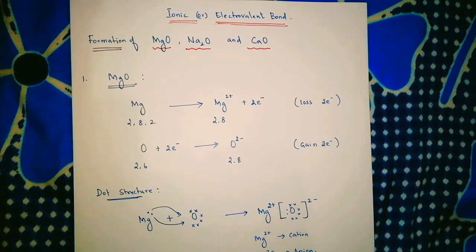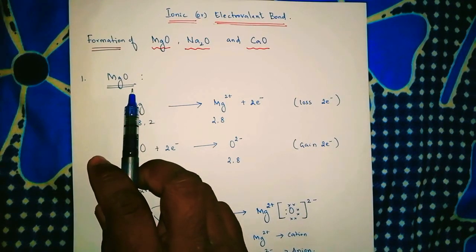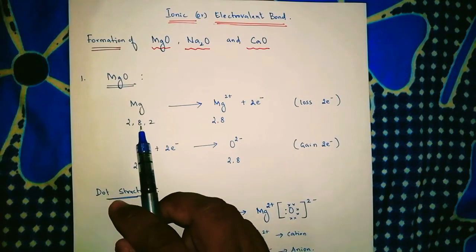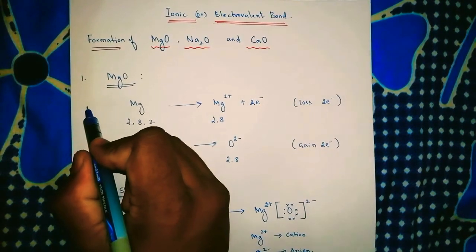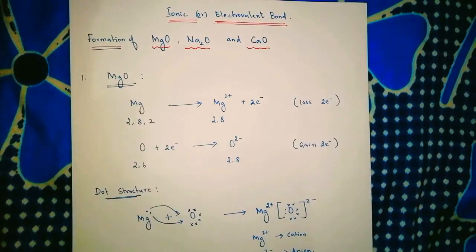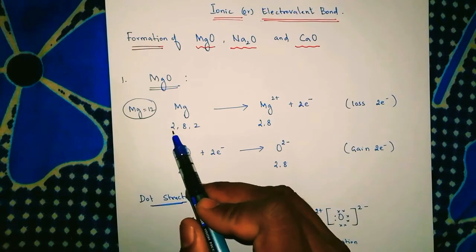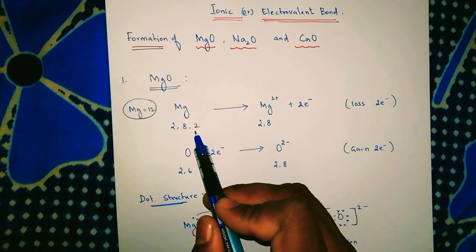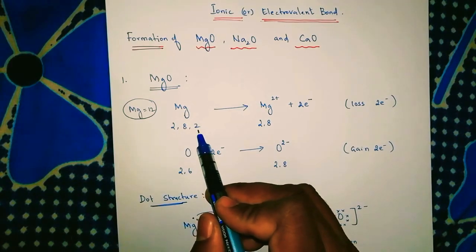The first example that I have taken is magnesium oxide. We have magnesium and oxygen. If you watch carefully, the atomic number of magnesium is 12, and its electronic configuration is 2, 8, 2. That means 2 in the first shell, 8 in the second shell, and 2 in the last shell.